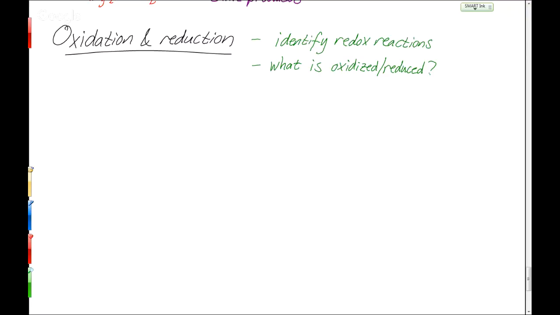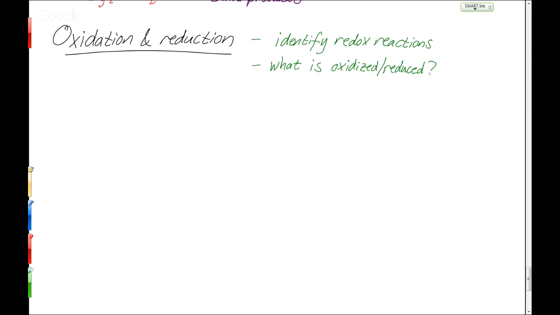You can also probably guess from the word itself that it has something to do with oxygen. And in all those cases that we've talked about, burning as well as tarnishing, that dull appearance that happens on metal, rusting also, those are all examples of reaction with oxygen. And that's a big part of oxidation, but we're going to define it even more generally than that.